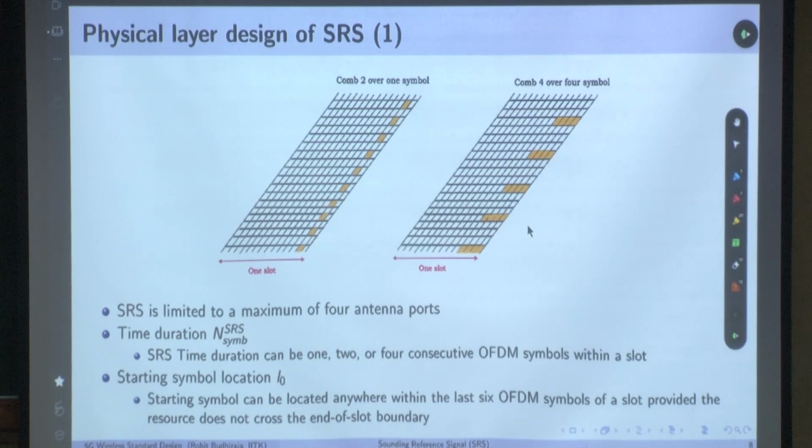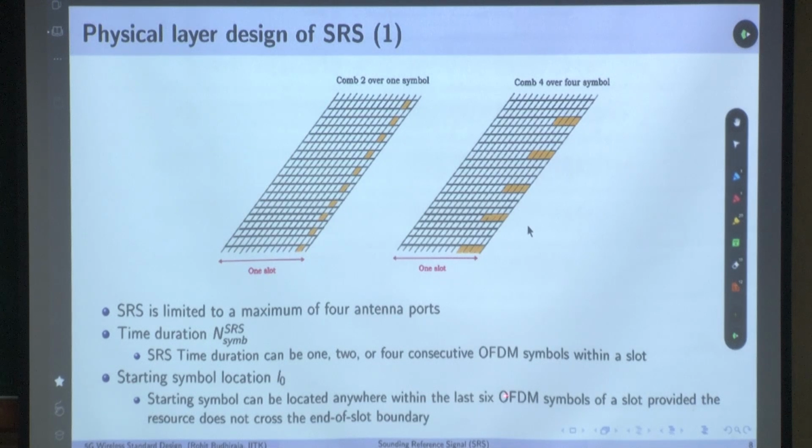The first part of the slot is typically allocated for the downlink: the first two symbols are PDCCH transmission, and the next few symbols are PDSCH transmission. In a TDD system, you switch only towards the end of a slot, so that part is only uplink transmission. That's why you see SRS coming only at the end. Here it is coming in the last 4 symbols, here in the second last symbol.